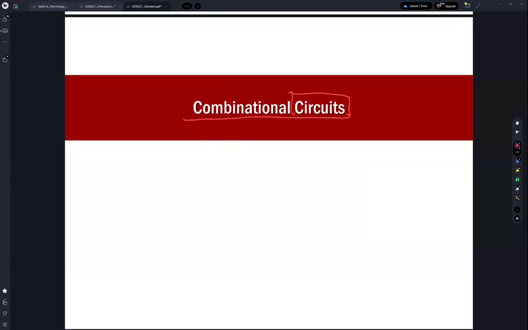As you can see, you can find the word circuit. In the previous class, we learned how to build basic logic gates using CMOS circuits.